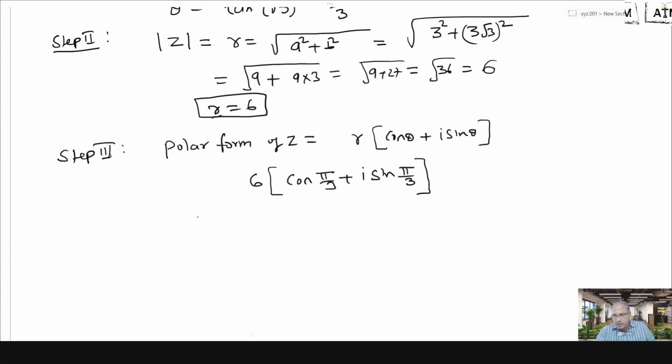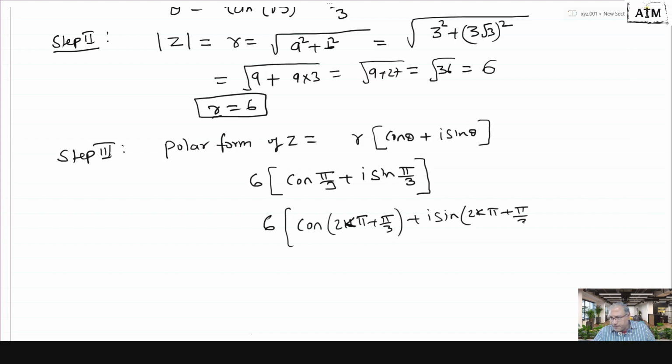And the general polar form of the given complex number can be obtained by adding 2k pi, giving cos of 2k pi plus pi by 3, plus i sin of 2k pi plus pi by 3.